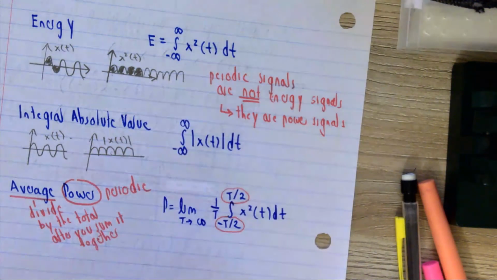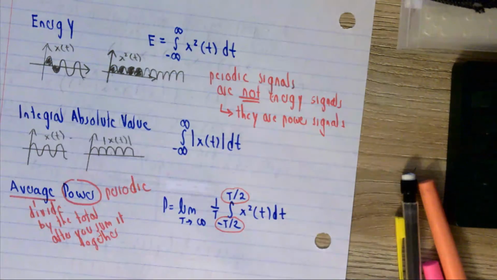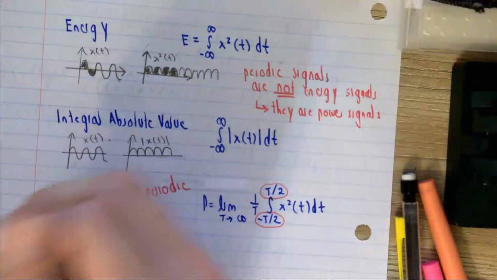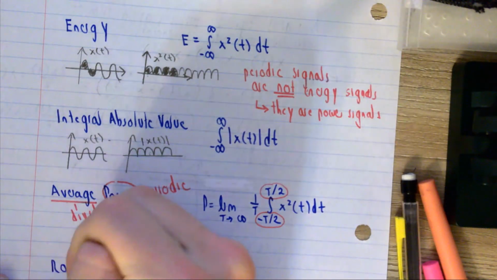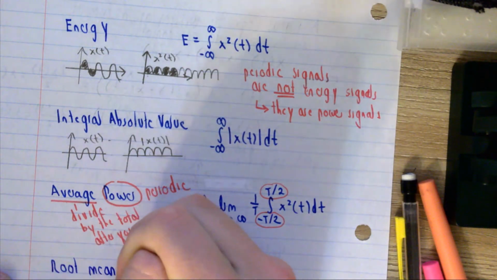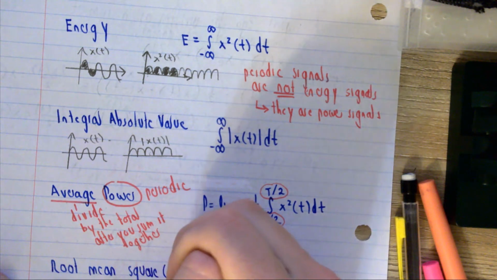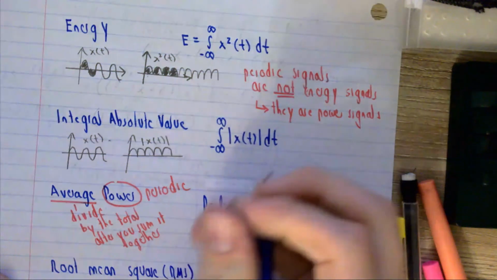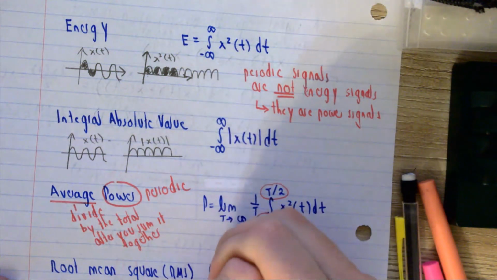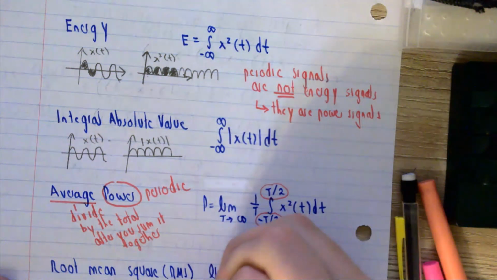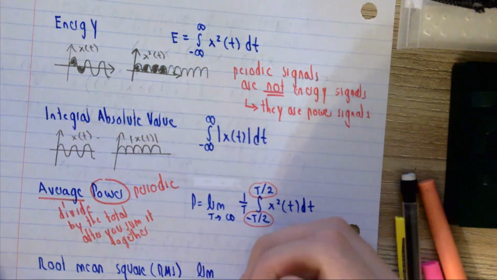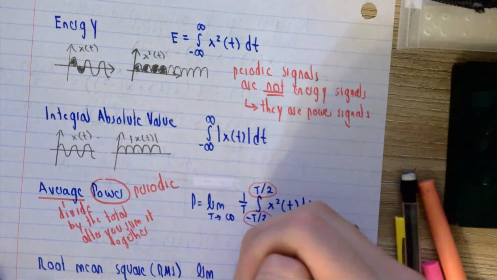Now that we talked about that, we're going to talk about root mean squared. Root mean squared is very similar to the one above. It's going to be equal to the limit as T goes to infinity, and it looks like this.